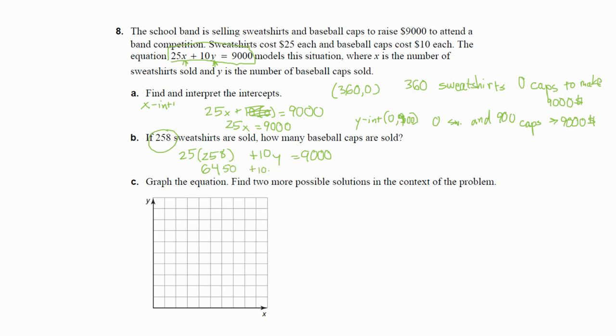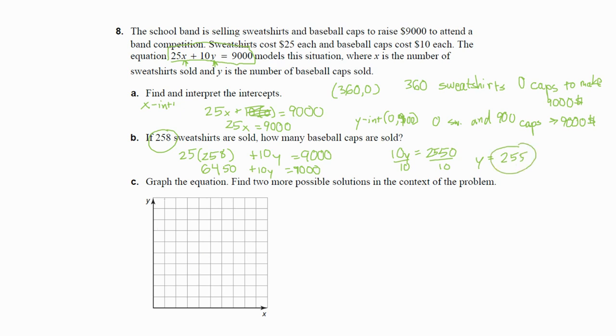Add the 10y to get 9,000 and work outside in. We would subtract the 6,450 to get 10y equals 2,550. And when we divide by that $10, we get that the number of caps is 255.